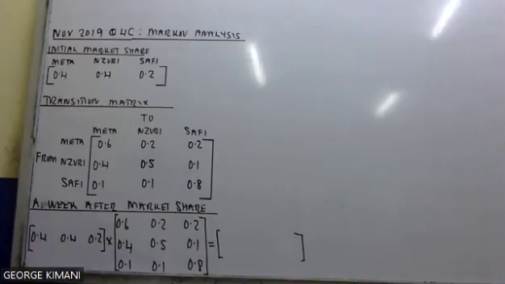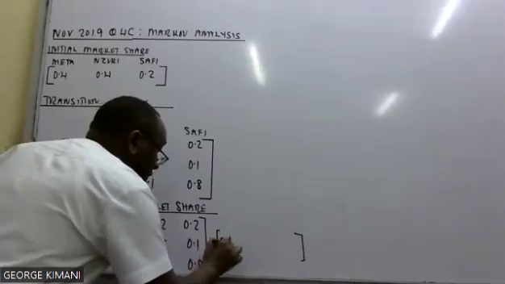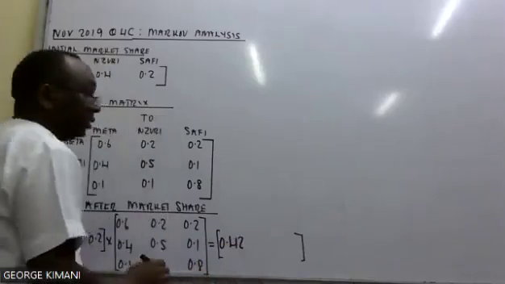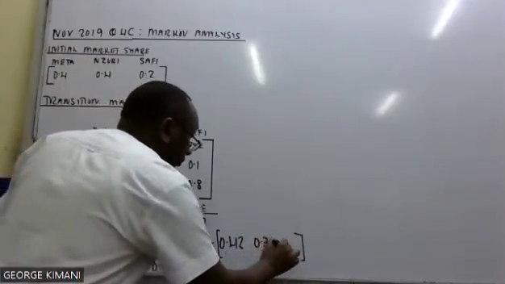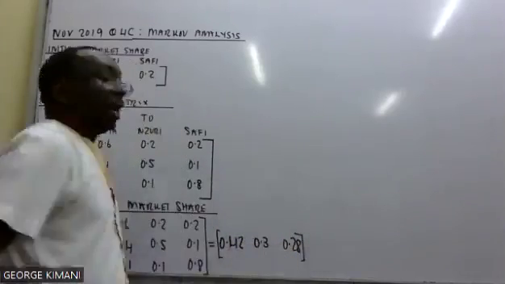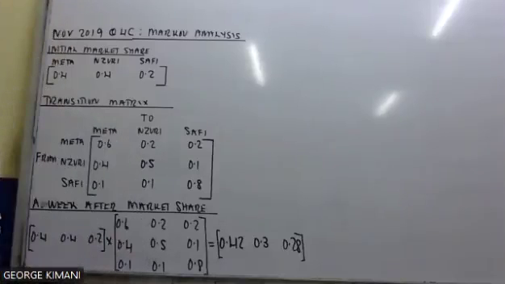We are comfortable with the multiplications. 0.4 to 0.3, 0.28. And we said they should always add to 1.